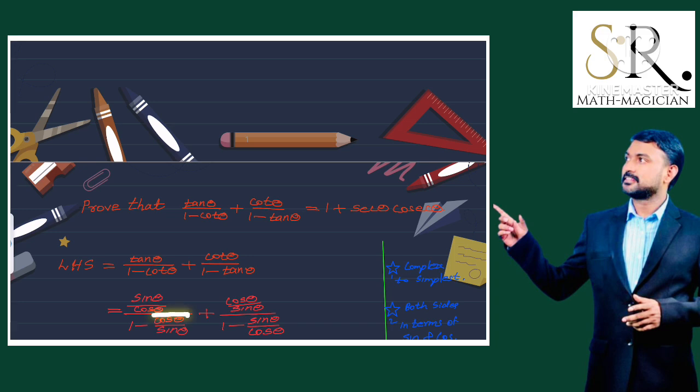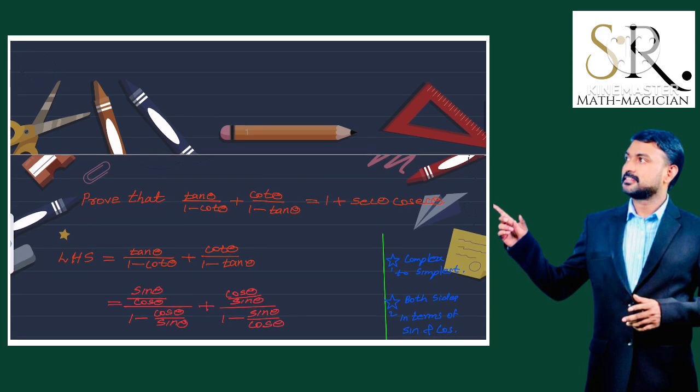From where did we get cos by sine? Cot theta is equal to cos by sine. We studied the reciprocal relation. Similarly, we changed here also: cot changes to cos by sine, tan changes to sine by cos. That means we have written both sides in terms of sine and cos.